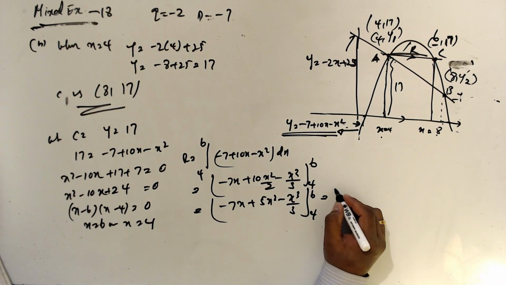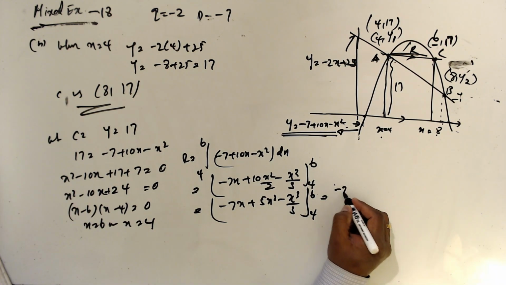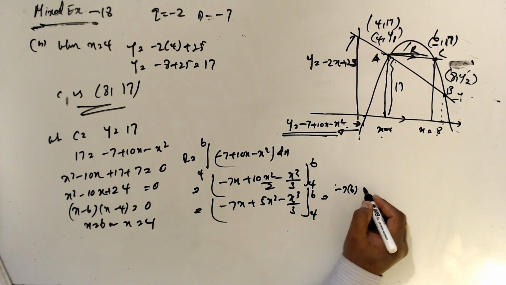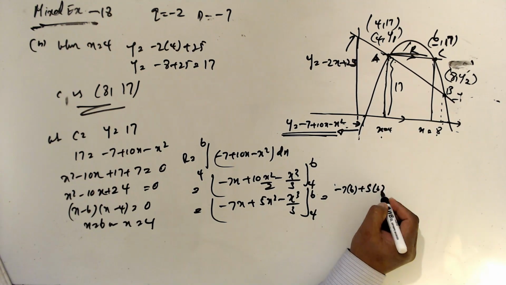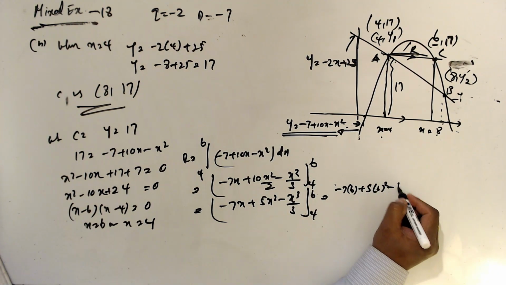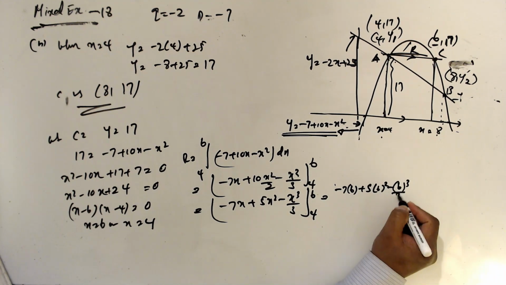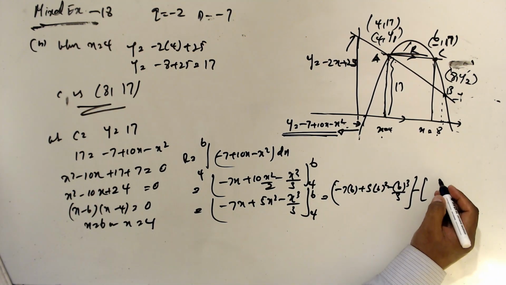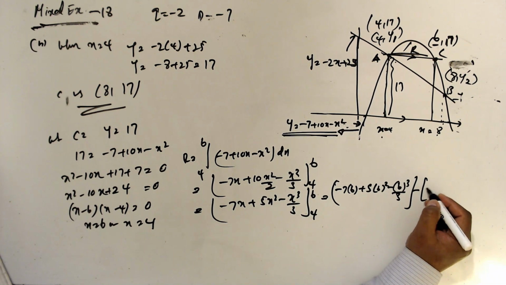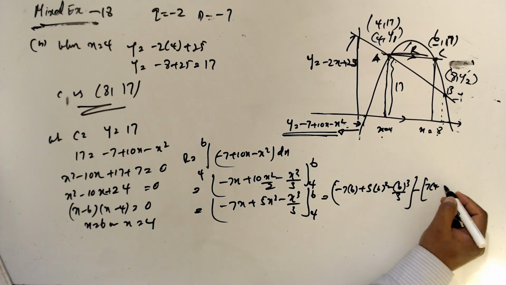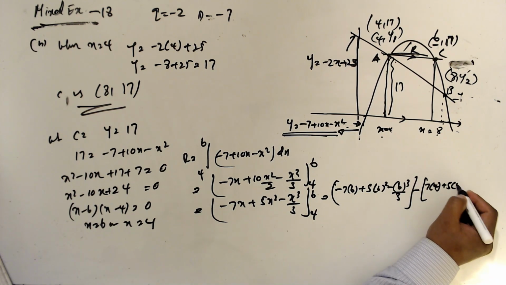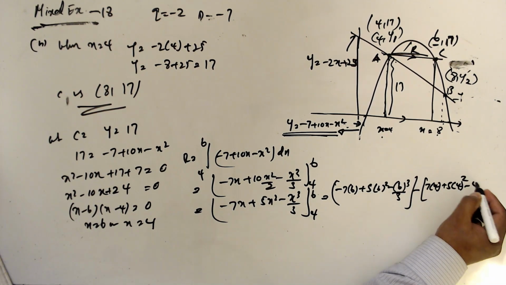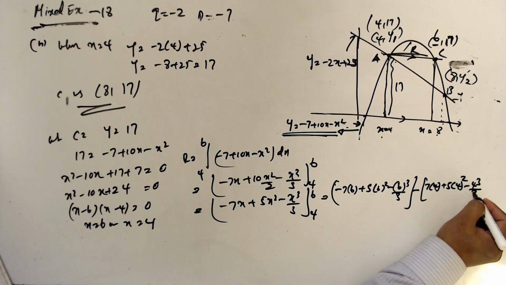Which is minus 7 times 6, plus 5 times 6 square, minus 6 cube over 3, minus, minus 7 times 4 plus 5 times 4 square minus 4 cube over 3.